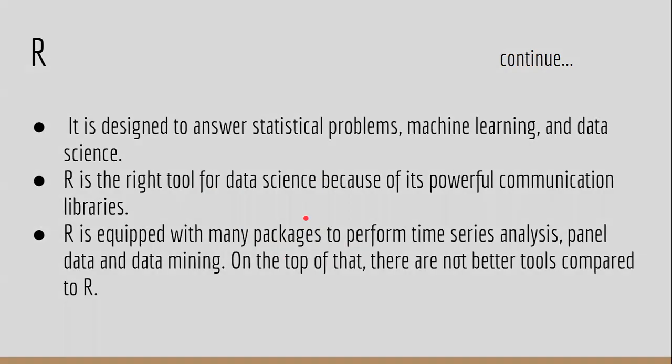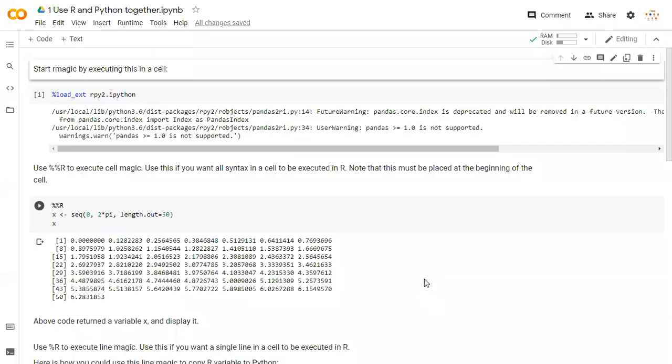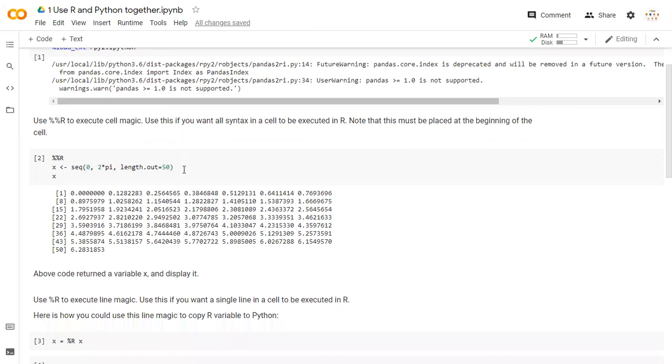As I have mentioned here, Google Colab provides you the facility to work with R online. So I'll take you to my Google Colab. For that, you just need to log in with your Gmail account and connect to your Google Drive. I'll be making another video to walk you through how to connect to Google Colab and work over there. But this is just for demo purposes.